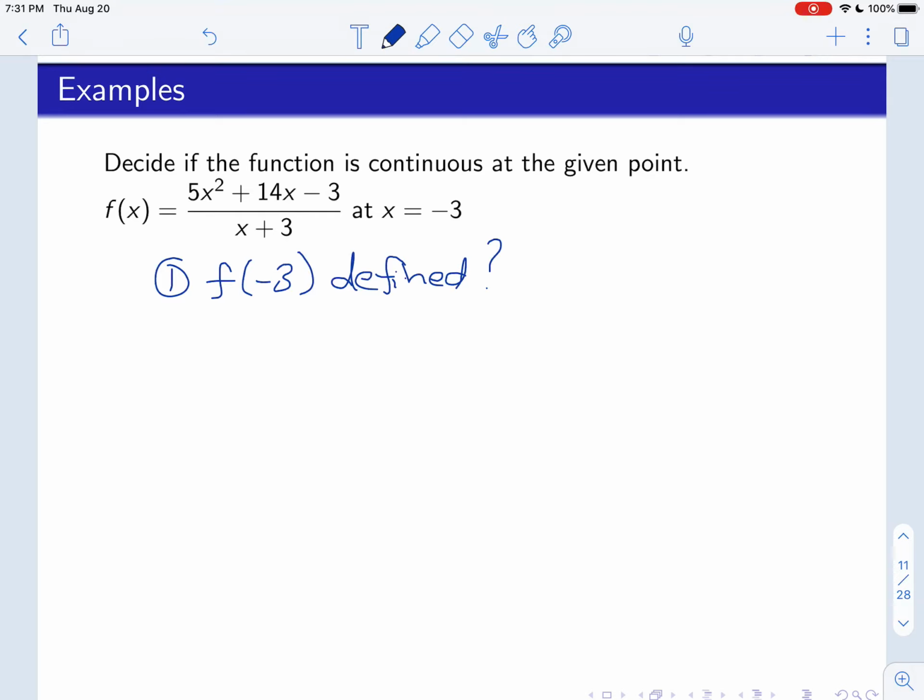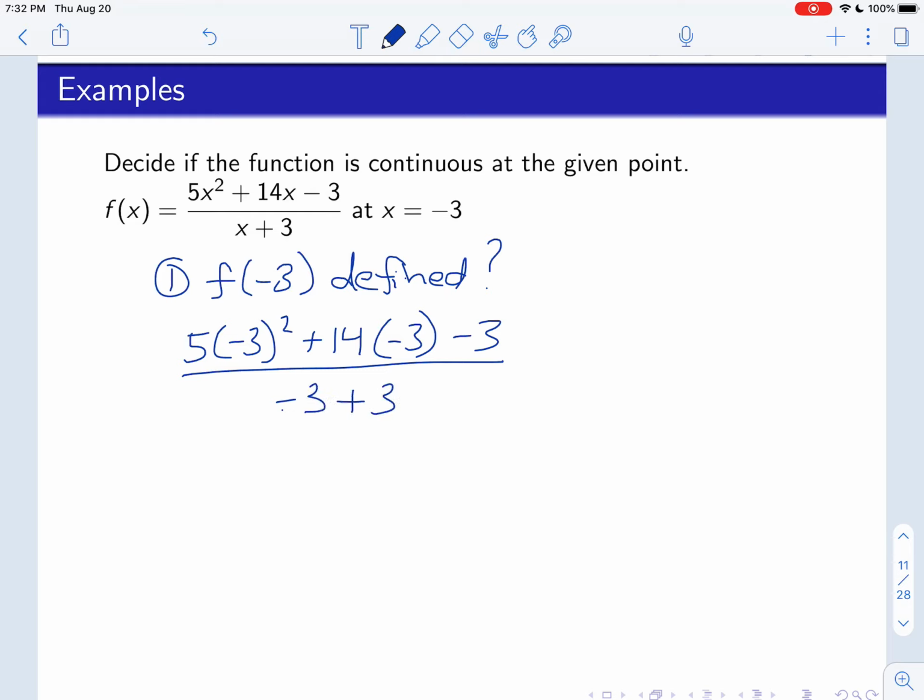In other words, it should exist. So let's see what happens when we try to calculate f of -3. So I do 5 times -3 squared, 14 times -3 minus 3 over, not an x, that should be a -3.